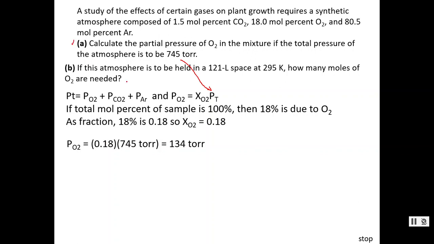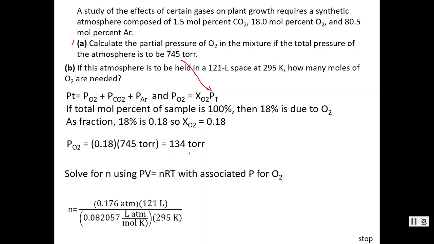Now I want to know how many moles of oxygen are needed for this. Well, I've got a pressure of oxygen in torr, I've got a volume, I've got a temperature. I can go ahead and solve for n using good old PV equals nRT, making sure that I use the appropriate pressure in atmospheres and the appropriate temperature and volume in liters and Kelvin.